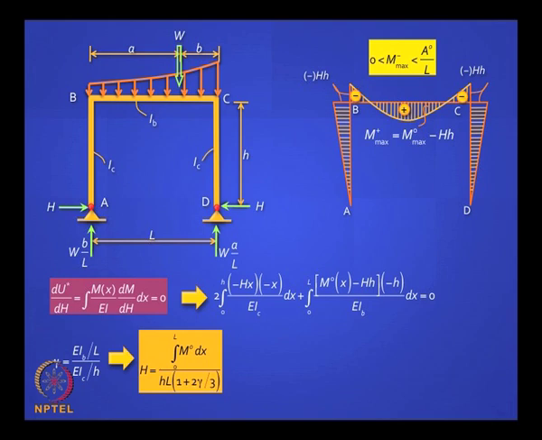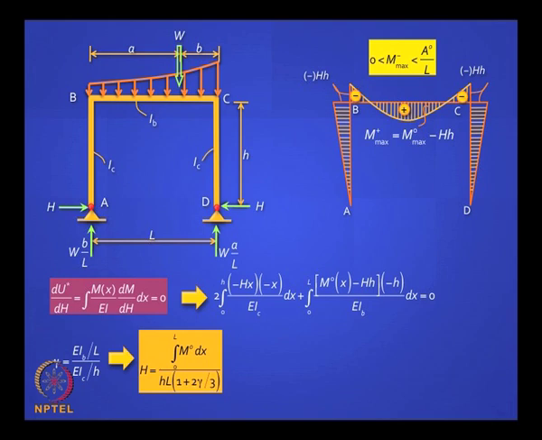Gamma will tend to 0 when the column is infinitely rigid. Gamma will tend to infinity when the beam is infinitely rigid, right. So if you solve this equation in terms of gamma, do you get this expression? It's a very straightforward thing to do.